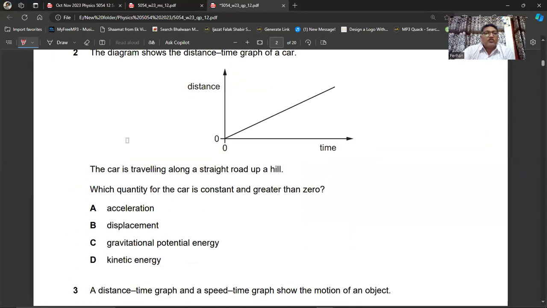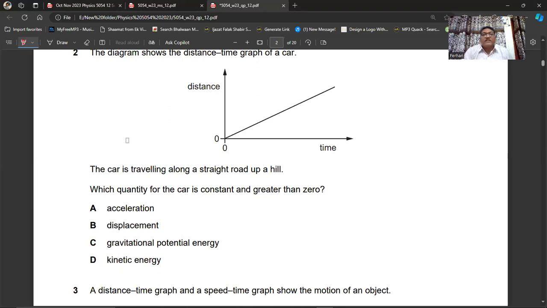Question number 2. The diagram shows the distance time graph of a car. The car is traveling along a straight road up a hill. Which quantity for the car is constant and greater than 0? This is a distance time graph.